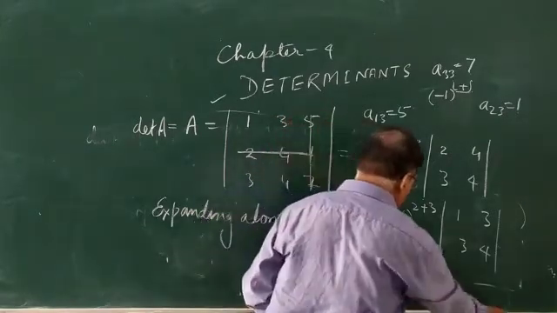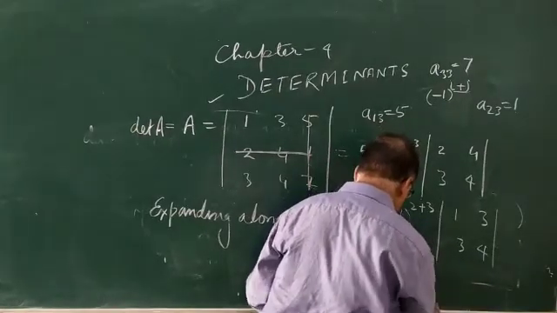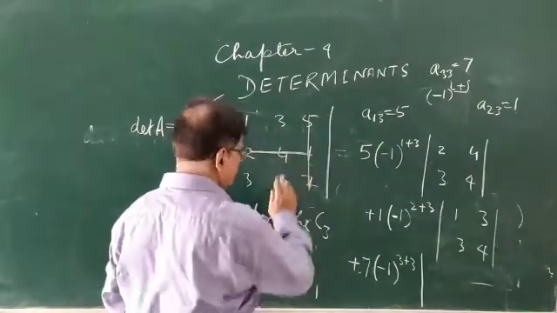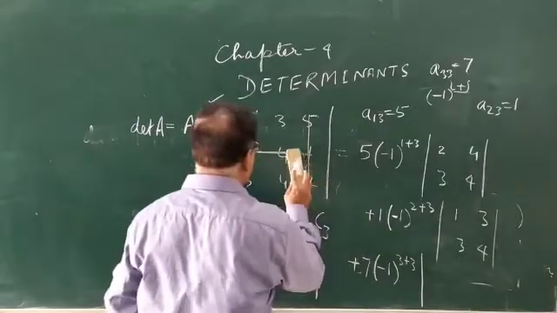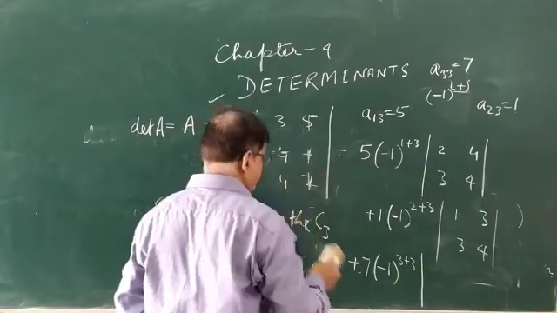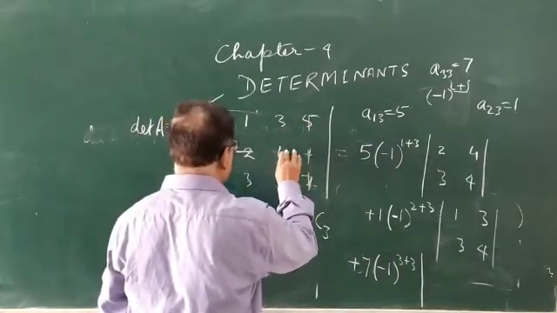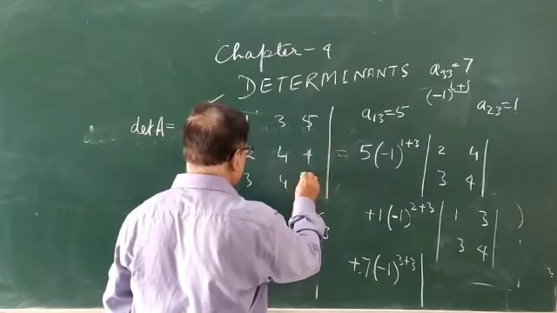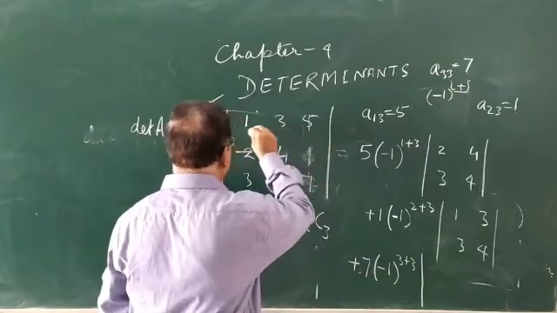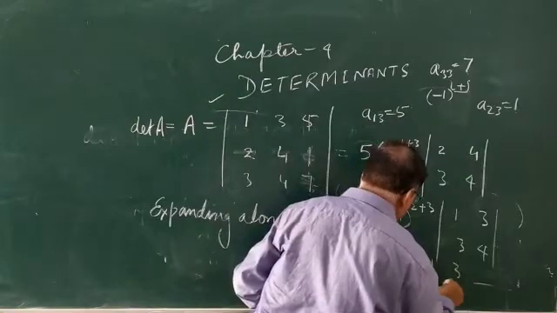Then you write, third row and third column, hide it. What do you get? 1 3 2 4.